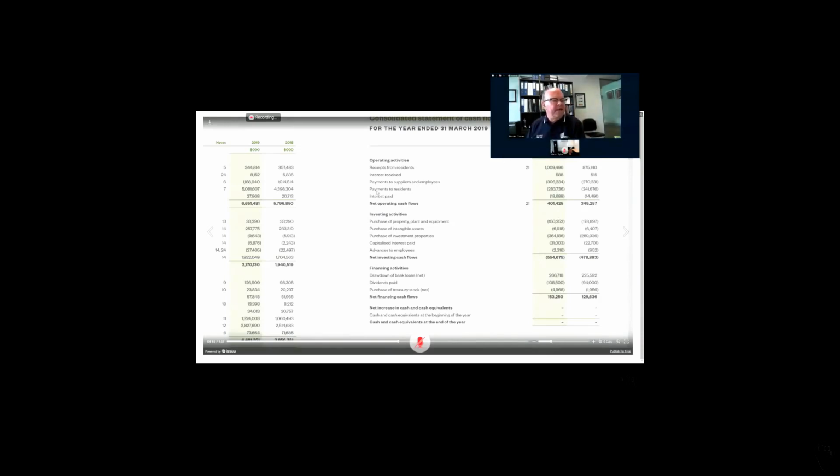And then the cash movements through the year are here. So here's the operating activities. Receipts from residents, $1 billion. Ryman Healthcare, in the year ending March 2019, got $1 billion in cash, which is basically bank transfers, from its customers.